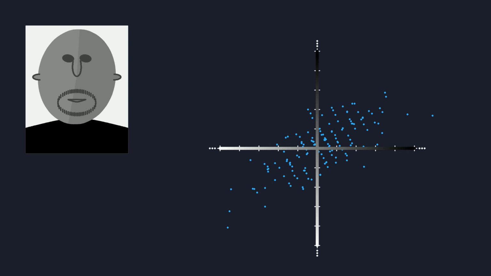Among the most distinguishing features of a human face are things like the distance between the eyes, the width of the nose, the roundness of the head, and so on. PCA discovers all of these features fully automatically, without even understanding what a human face is.